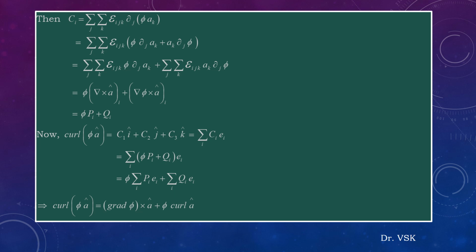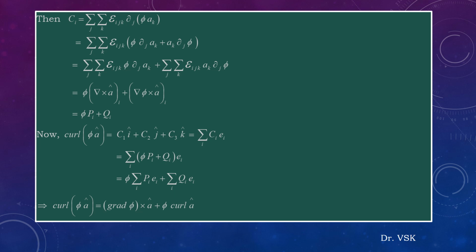Substituting p sub i and q sub i, we obtain c sub i equals phi p sub i plus q sub i. This is the ith component of curl of phi a cap.